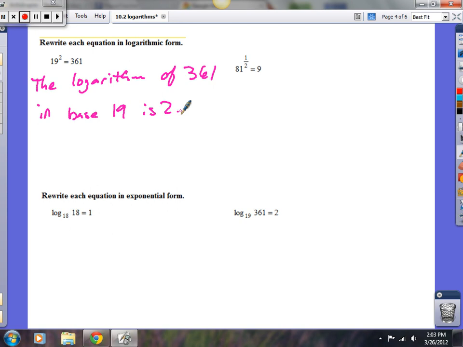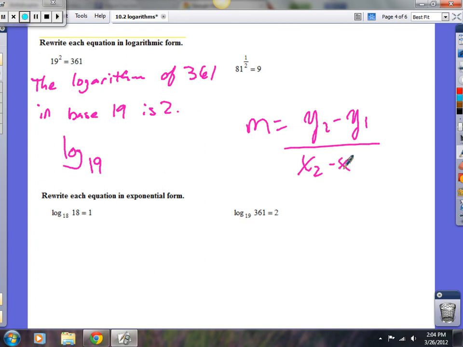So your instructions are to rewrite each equation into logarithmic form. Here's the shorthand. Log base 19, that's a subscript. Remember what a subscript is? Remember this for slope? y sub 2 minus y sub 1 divided by x sub 2 minus x sub 1.